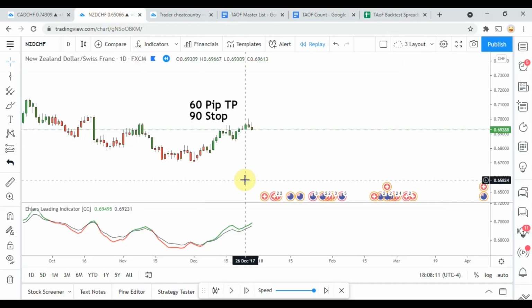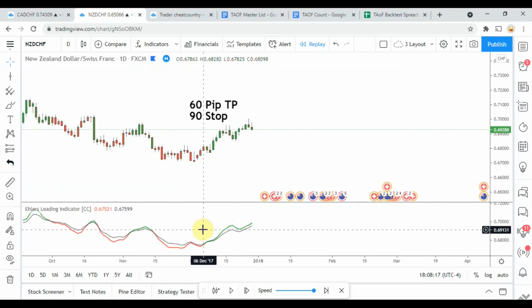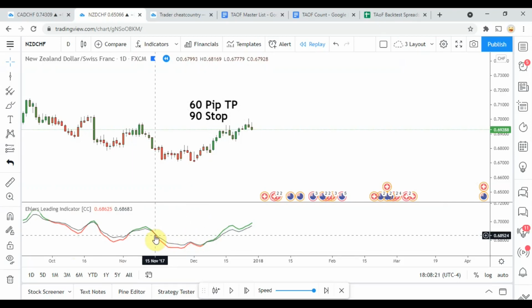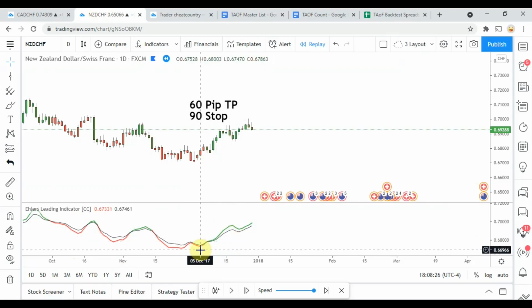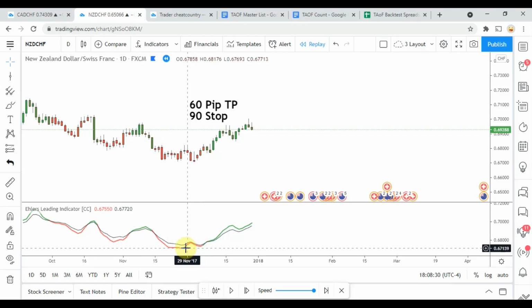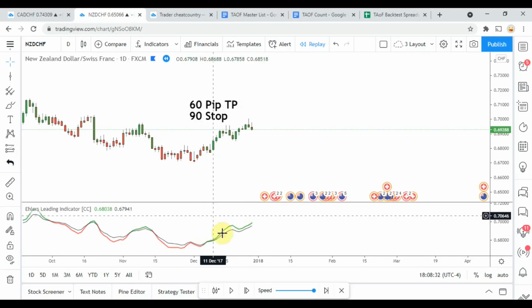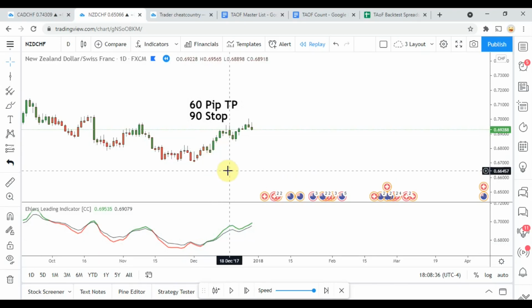Okay, so today's indicator is Ehlers leading indicator. You can see it here on the bottom of the screen. There's not a whole lot to this one. Just like a lot of Ehlers indicators, there is a line that goes from red to green. There's also a black signal line, and when the larger of the two lines crosses up, the line goes green, and it turns the candles green as well.